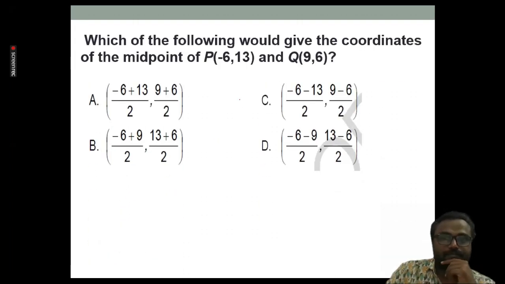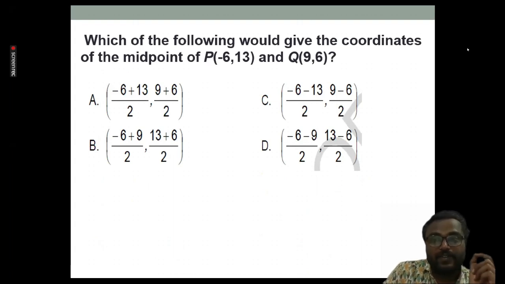So here, which of the following would give the coordinates of the midpoint of P, which is negative 6 comma 13, and Q, which is, sorry, 9 comma 6. So I'll just put it as x1, y1. This is the first thing that you're going to do.